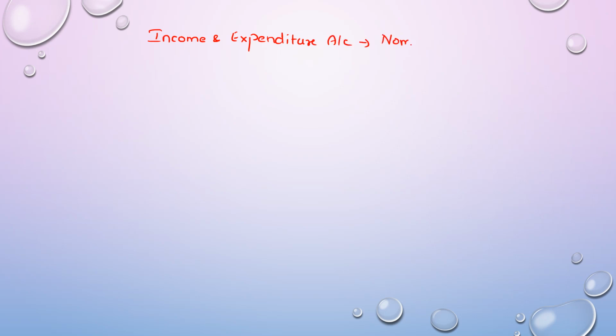So we write the items of income and items of expenditure into this account. So basically it relates to the items related to the current year. Now, what are the different types of items that come on the expenditure side of the income and expenditure account? We will be seeing that in detail.